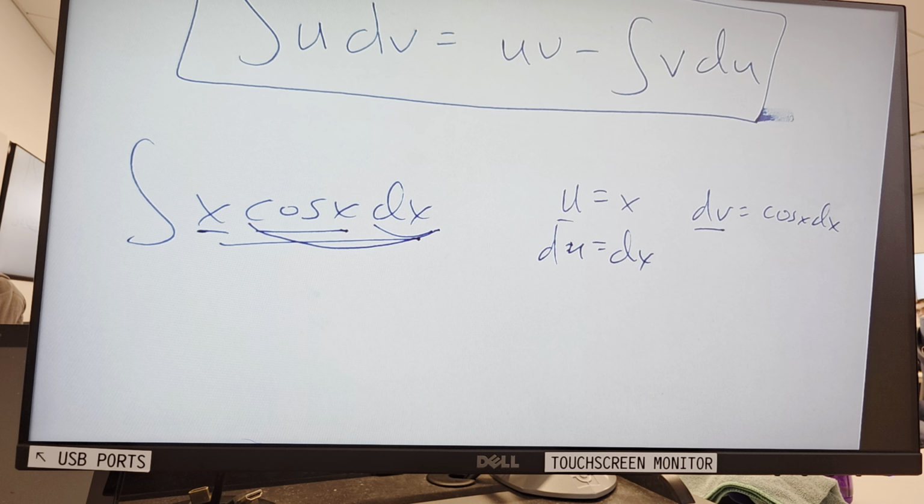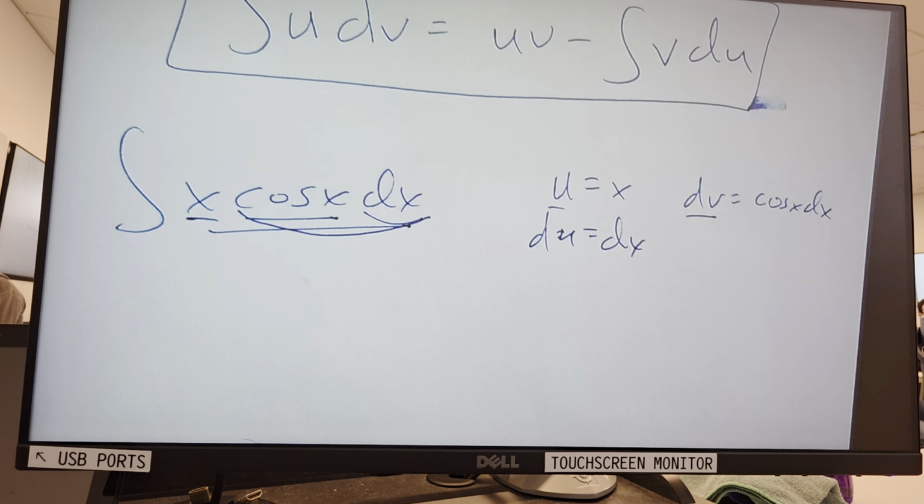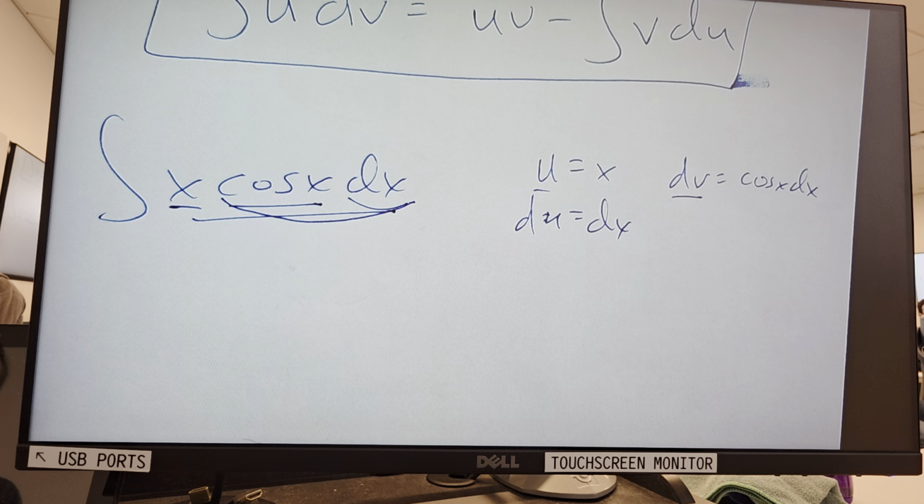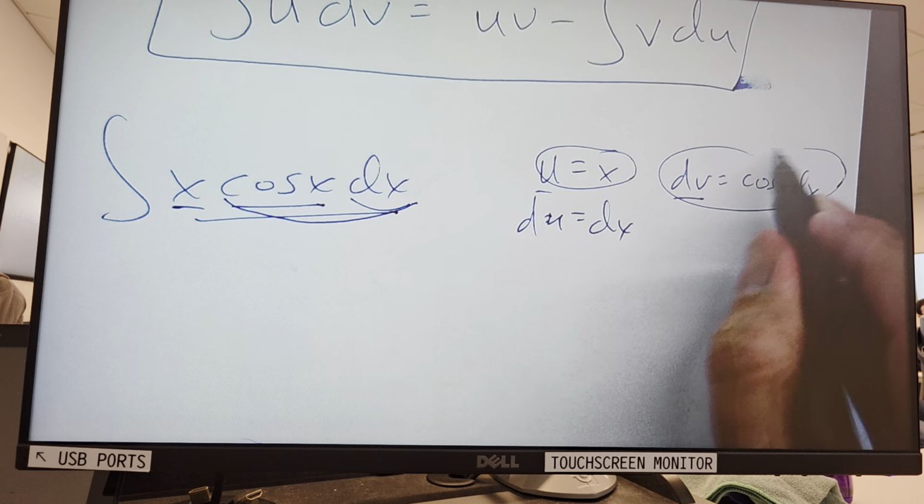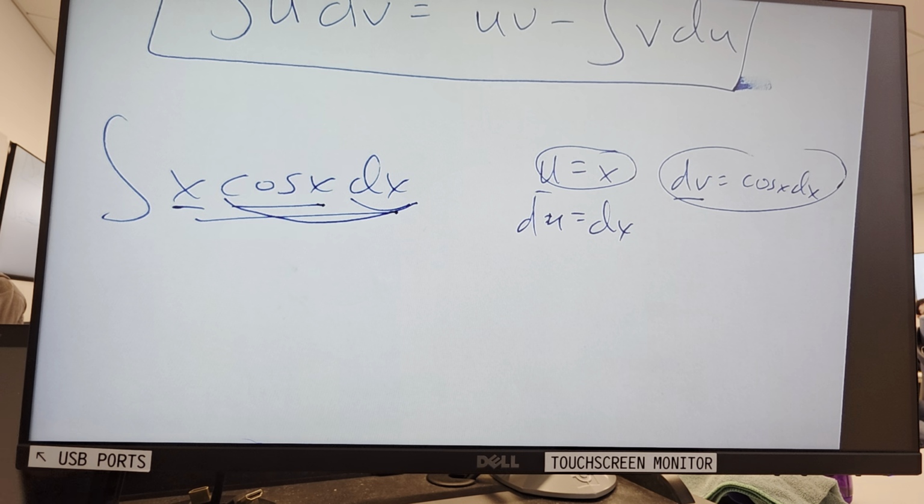I was just going to say, why did x turn into dx if dx is a part of the dv portion? No. These two came from the integral. Look at me, you ready? u is x squared. What's du? 2x dx.